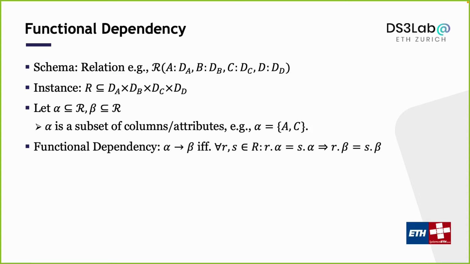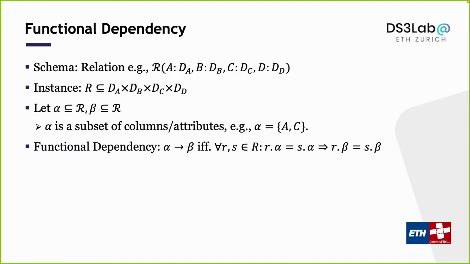We say there's a functional dependency from alpha to beta if and only if the following holds. That is, if you take any 2 tuples, R and S, in this relational instance R, as long as their alpha attributes match, it implies their beta attributes will also match. If that holds, we say alpha decides beta.